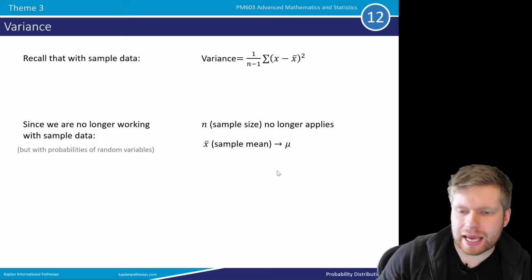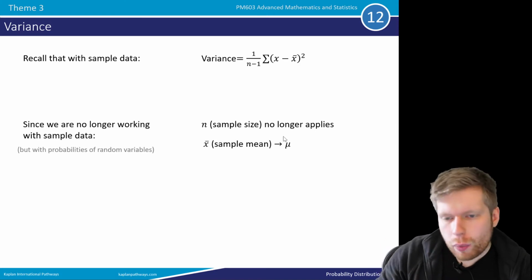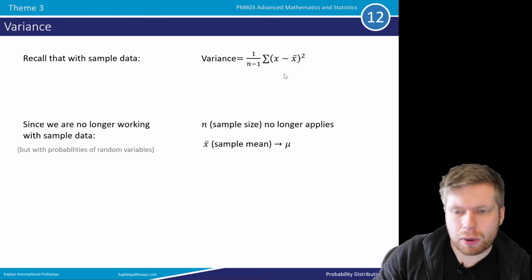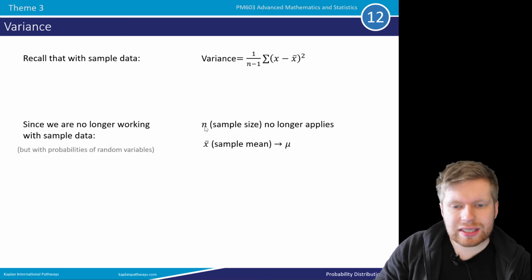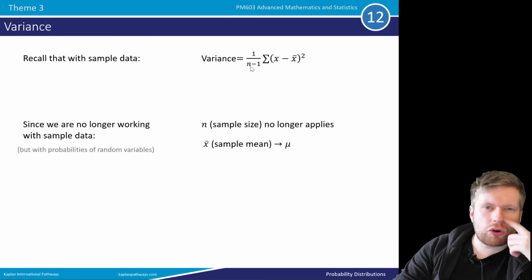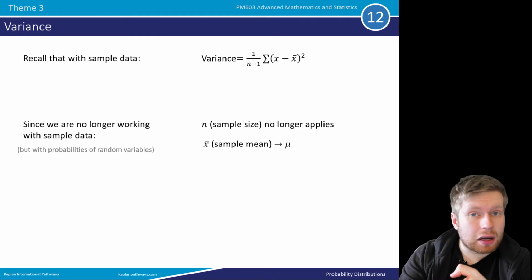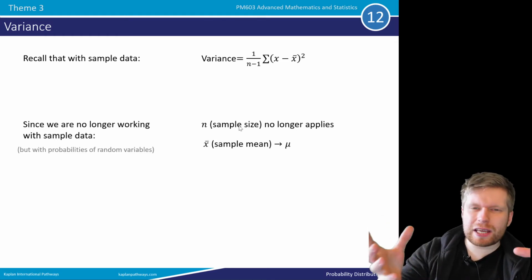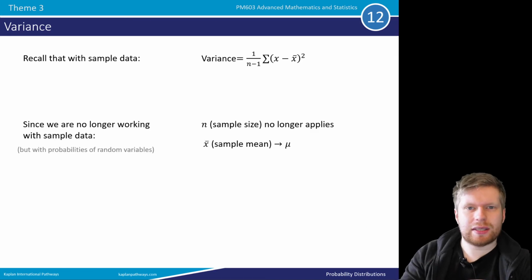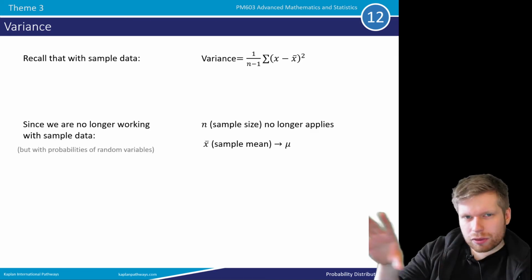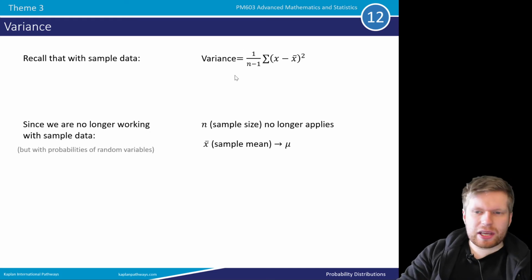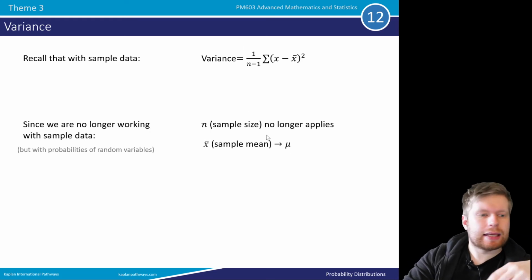The symbol for expectation, we could either write E of x, or we can just call it mu. Both of those are fine, okay? So we're going to let x bar become mu, and the sample size no longer applies, but the probability does. The sample size is substituted with the probability of an outcome instead. We're no longer working with frequencies, we're working with associated probabilities. So the n should be transferred to something like probability, okay?